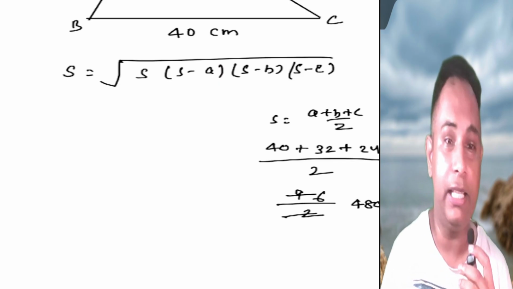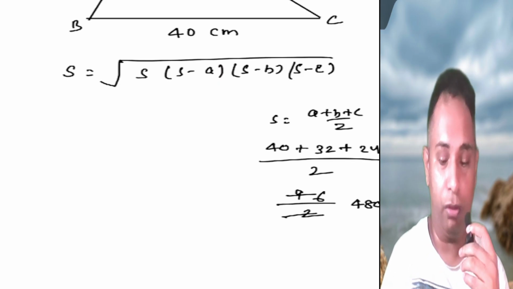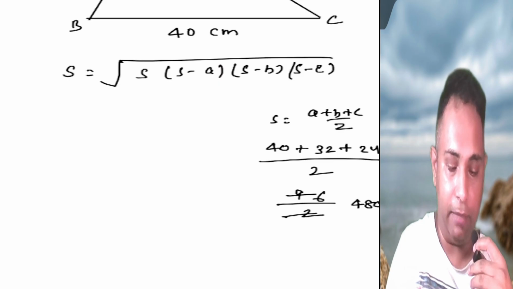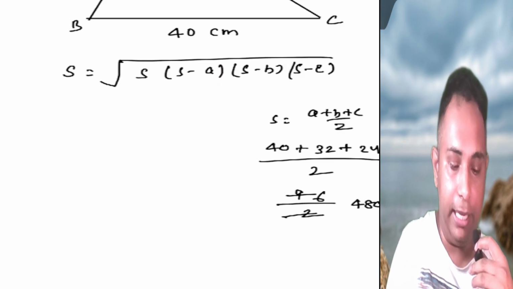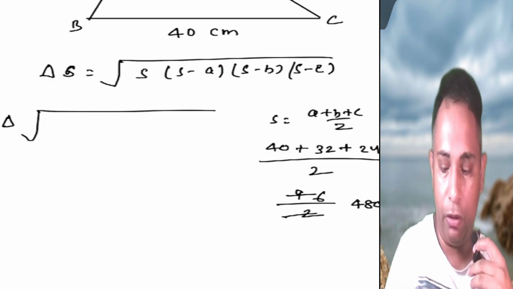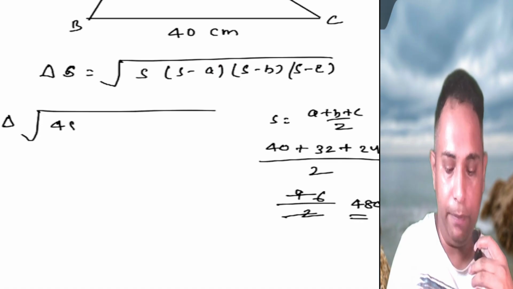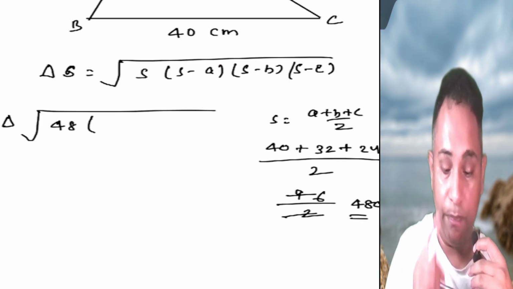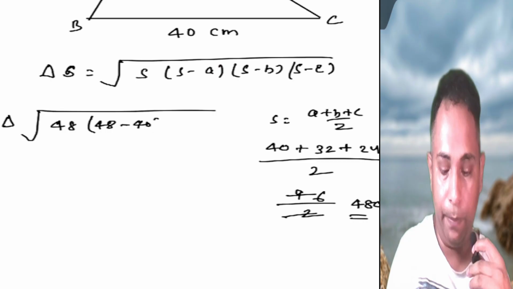Now the question is very easy. We just apply the formula and simplify, and we will get the answer. So this is the area; we will find it out. First, we put the value of S. S we already know is 48 centimeter. Now times S minus A, that means 48 minus A. What was A? 40.